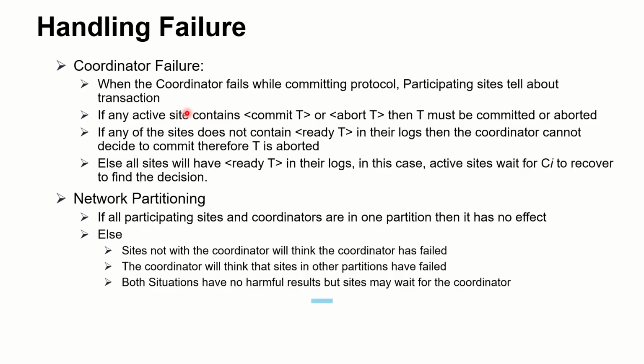So it does not have to do anything. Let's say that among all the participating sites, there is one site which does not contain a ready record. I'm talking only about when there is no commit or abort record in any of the sites. If a site does not find a commit or abort record, it will look for the ready record.